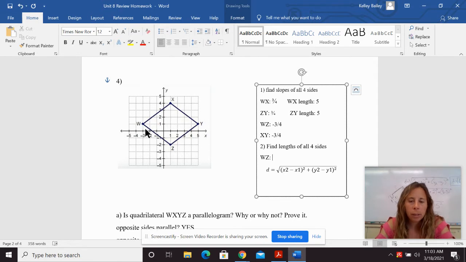We'll do the points. You can skip through me if you know how to do this, obviously. So W is at -3, 1. And Z is at 1, -2.